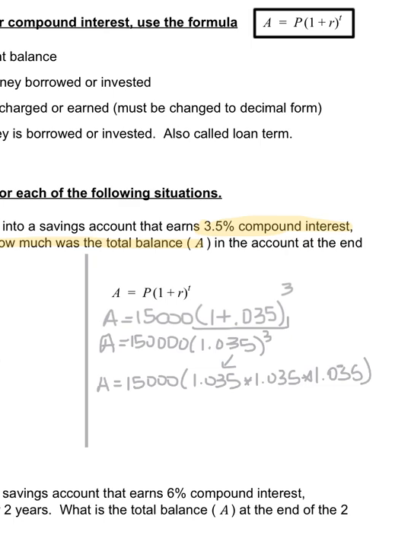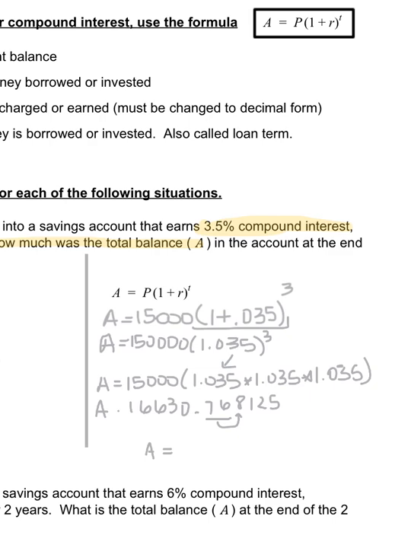Now when I multiply everything out, I end up with a real big number, 16,630.768125. But because money only goes to 2 numbers after the decimal place, we then look at the 8 to decide, do we leave it at 0.76 or do we change it to 0.77?